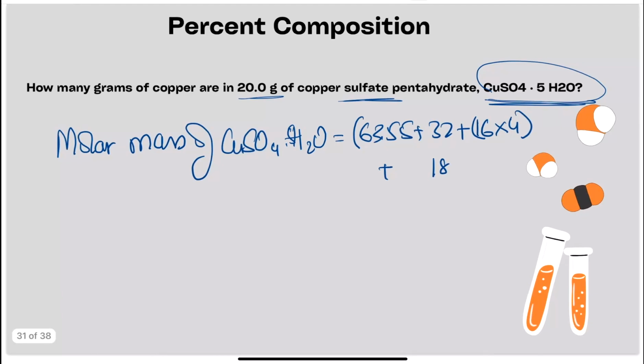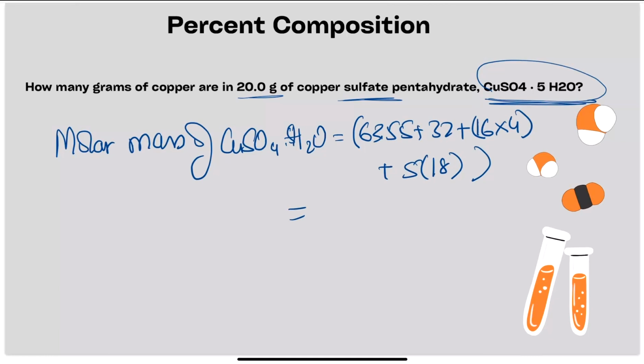And that is going to give you a value of, just give me a second. So this is going to come up to 250 grams per mole. So now this is your molar mass.